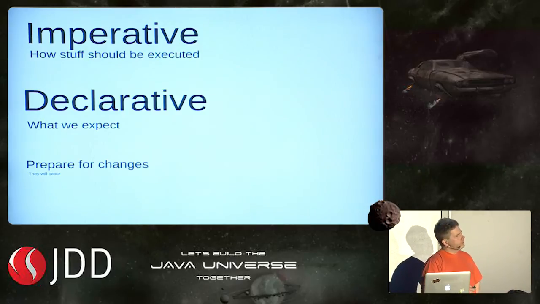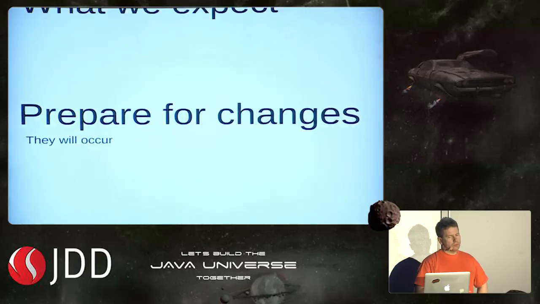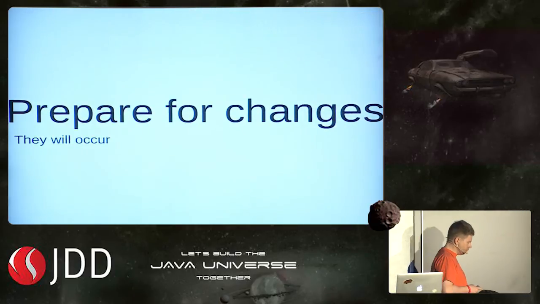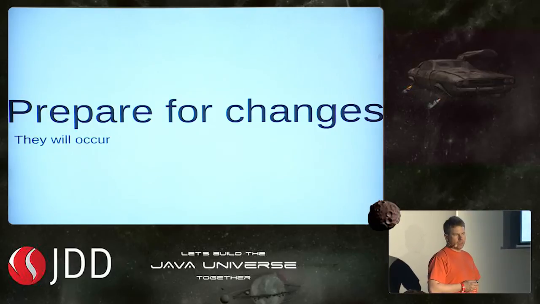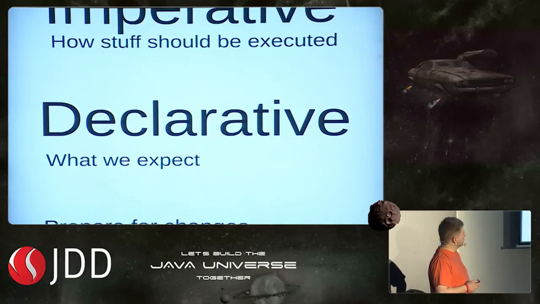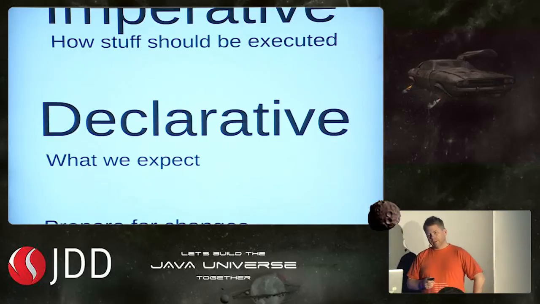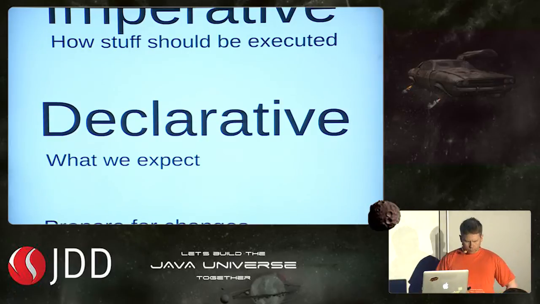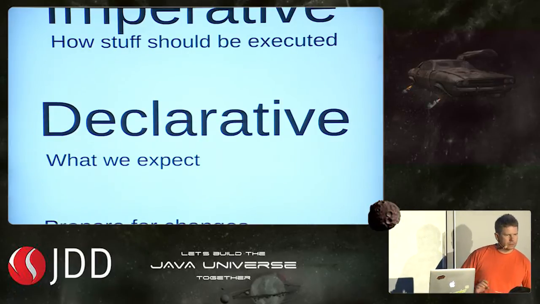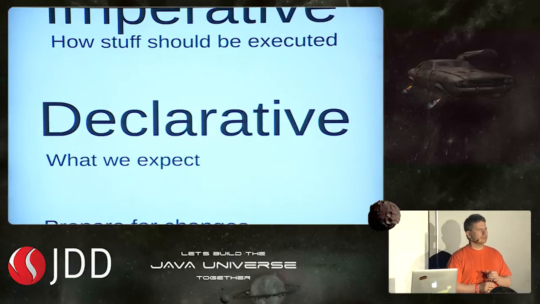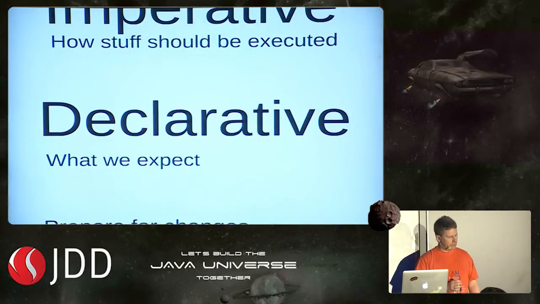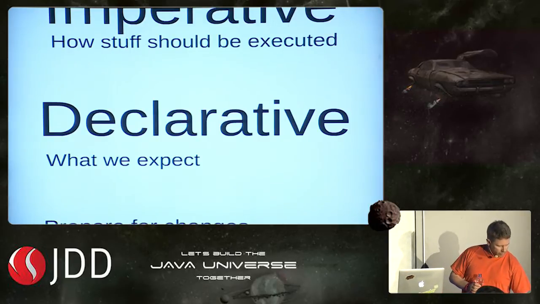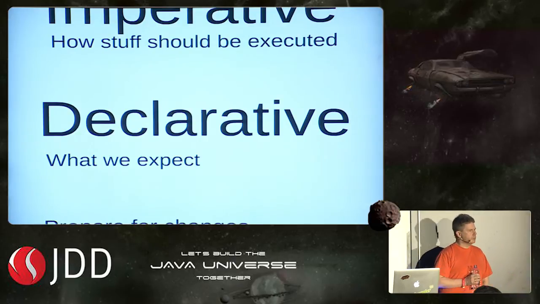Choosing from these two depends a lot on the changes that may or may not occur. But we know that changes will occur. So therefore, try to be declarative if you can. Discuss what we expect and don't discuss how to implement stuff. And that's really important when we talk with real customers, for example, or something that is almost real customers, because they don't really know how you should implement stuff.